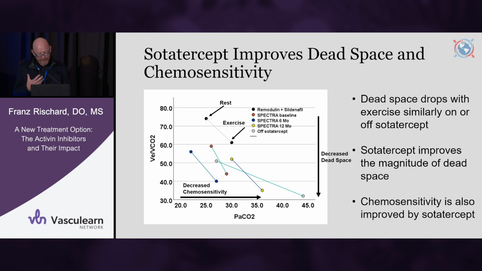Another thing that I looked at in this patient is examining the changes in dead space, which is sort of one of my little thought experiments that I put on paper. If you can see, there's 2 points for every catheterization.